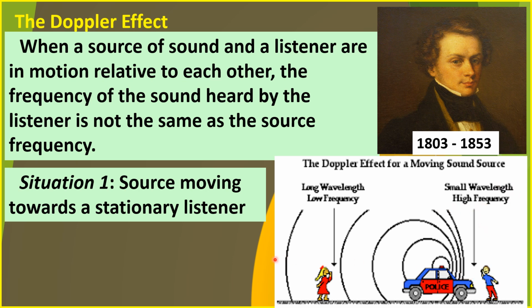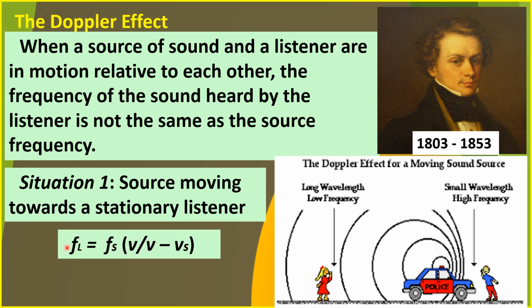And mathematically, we can use this formula to determine what the observed frequency FL will be. It's just equal to the product of Fs, the frequency of the source of the sound, multiplied by the ratio. The ratio tells us that the speed of sound in still air is to be divided by the speed of sound in still air minus the speed of the approaching source.